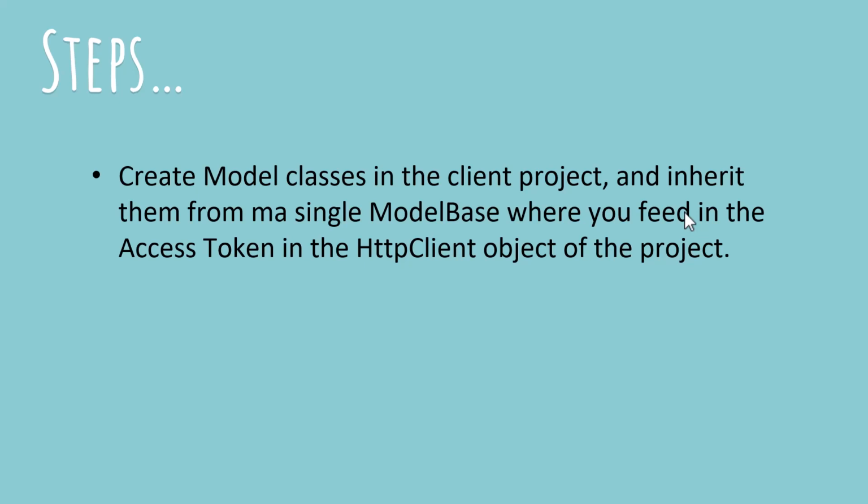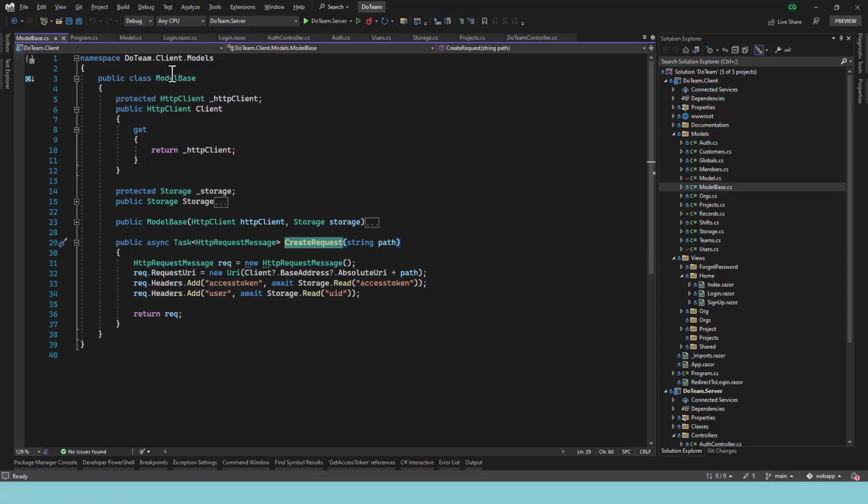So in the view model or the model class, whatever you want to call it, make sure that you're inheriting from a single model base, and inside the single model base you've got the access token as a part of your HTTP client. Let me show it to you again. This is the model base.